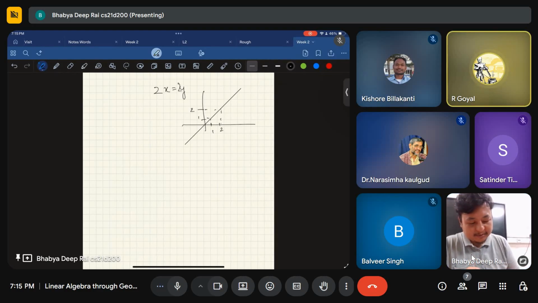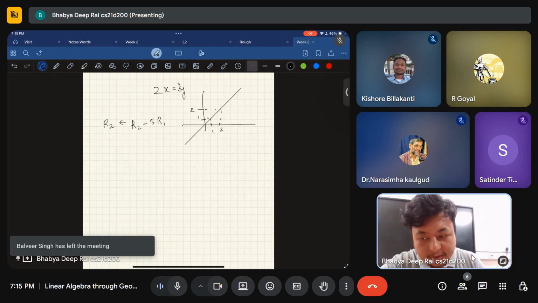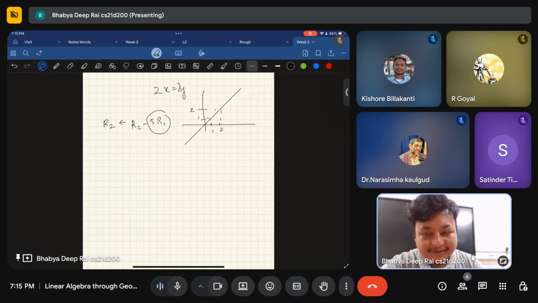Now when we perform R2 equals R2 minus 5R1, what does this mean? In the beginning, do 5R1 first.